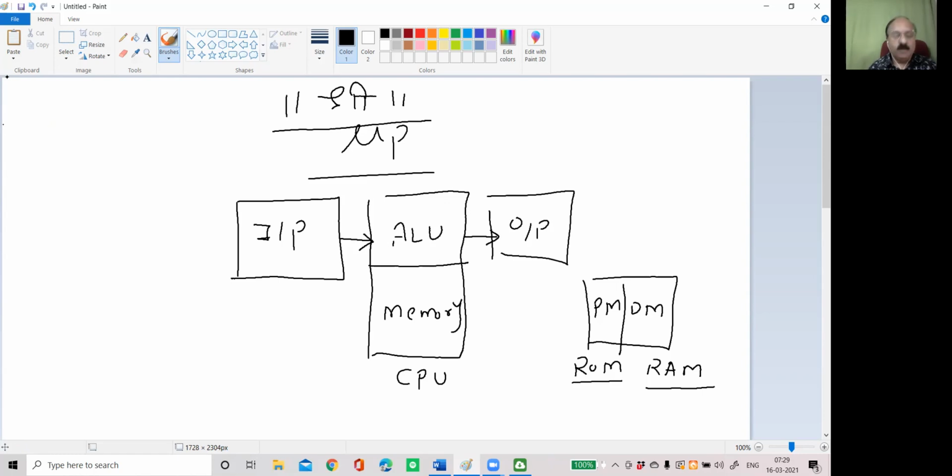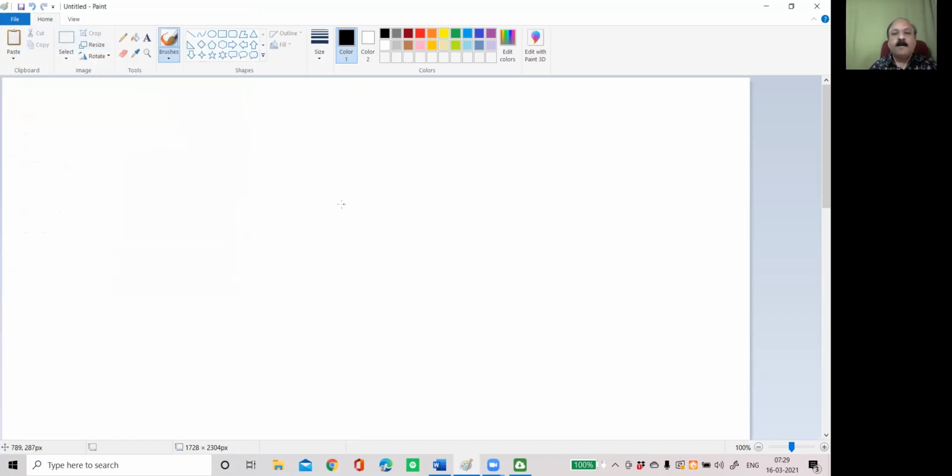Now, when we say microprocessor, how is the microprocessor's architecture? Before that, we have to understand what the function of a microprocessor is.